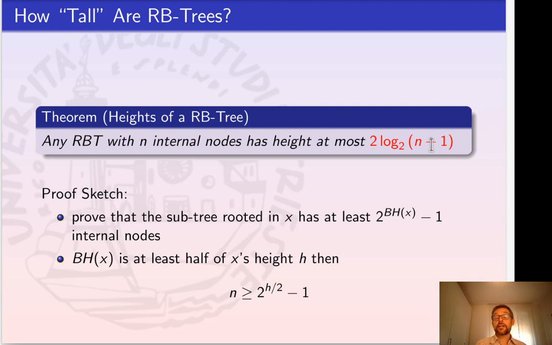Okay, which is nice, because if you remember, talking about the insertion, deletion, and search of values in the regular trees, the complexity depends on the height of the tree itself.